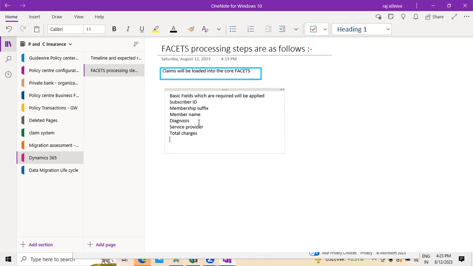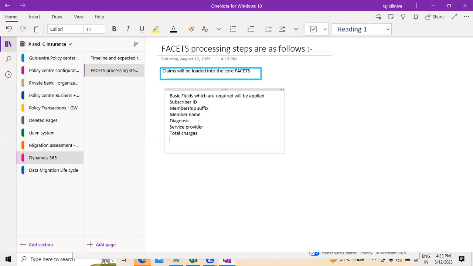Usually when a discharge happens, a discharge summary report will be prepared. Till the discharge summary, whatever charges we have for that particular claim, those charges have to be updated here.